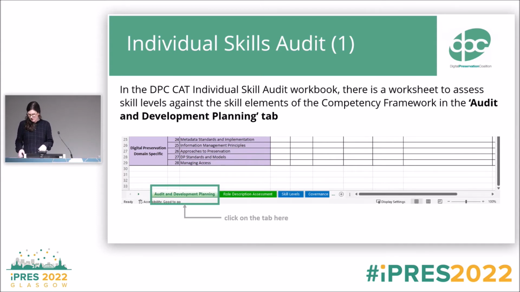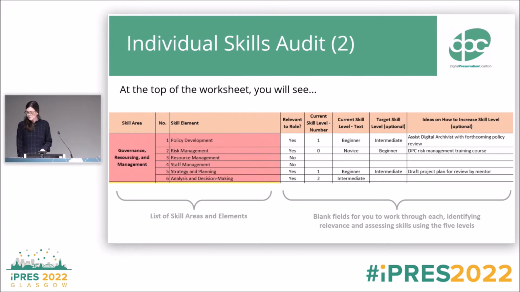You can see from there, when you click onto that, at the top of the worksheet, you'll see something like this. You'll see all of the skill areas and skill elements to the left, and then there will be blank fields to the right where you can do your assessment. For the exercise, perhaps the most important thing is, as mentioned, the framework is wide.